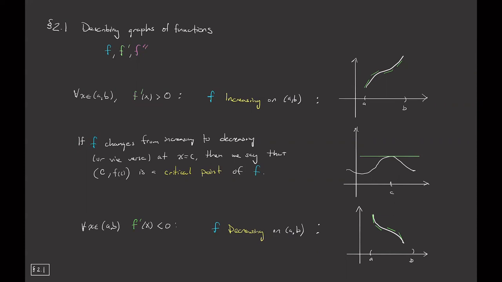But these, just these two derivatives tell you quite a bit about a graph. Like you can get very accurate with a graph just using f prime and f double prime. And here's how. So if you look on an interval, let's say a to b, and every value in that interval, when it's plugged in to f prime, if it gives you something greater than 0, we would say over that interval, the function is increasing.